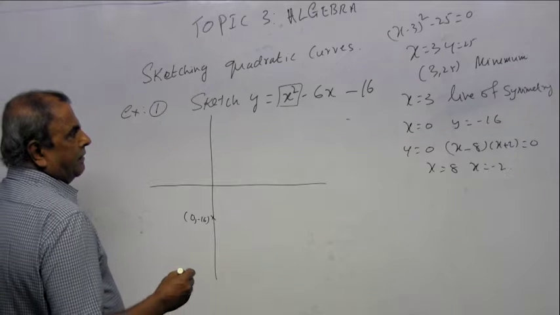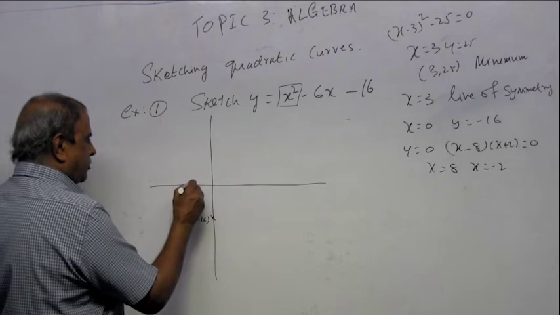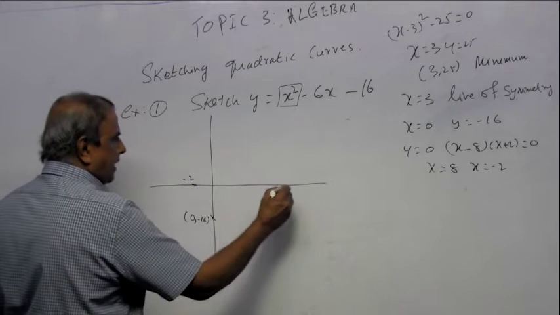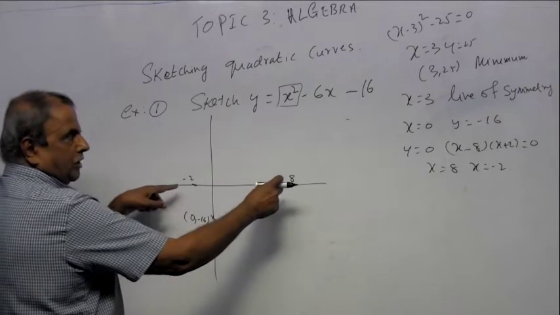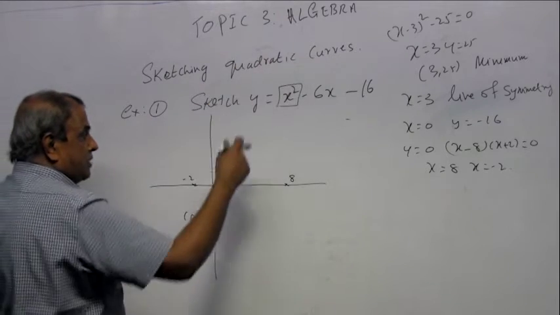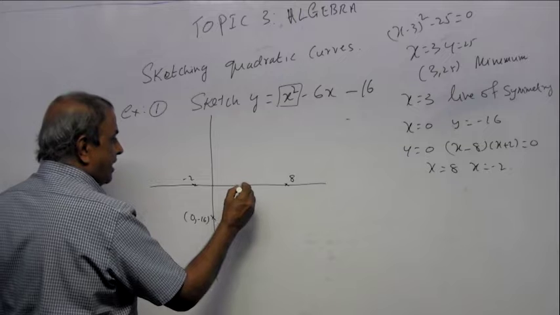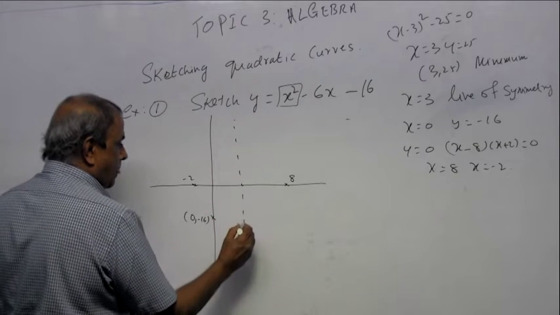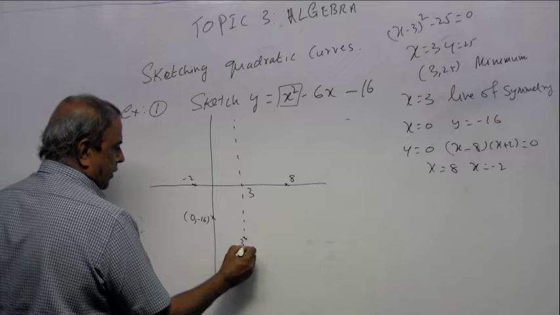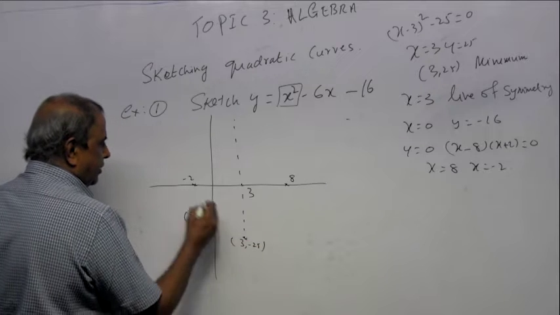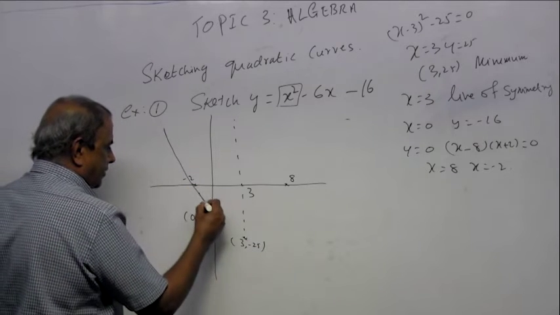And when y is 0, x is minus 2, and then x is 8. And remember, if the two roots are there, the point of symmetry will be exactly halfway between those two. That is 3. And that will be the minimum point, 3 and minus 25. So that's your graph.